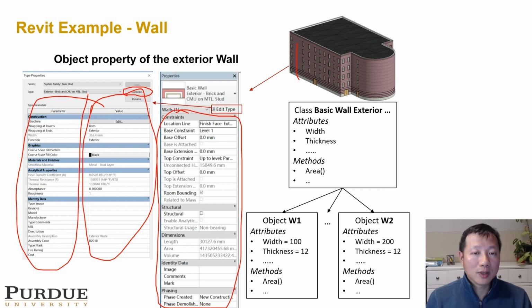Otherwise, if you don't use this duplicate and give your type or class a new name, all the changes you apply here will be stored in the system. And in other Revit projects, when people have this type there, their attribute values will get changed as well. So be careful about that part.